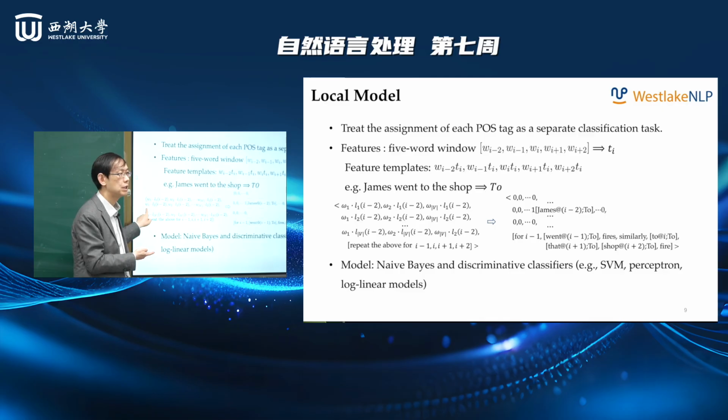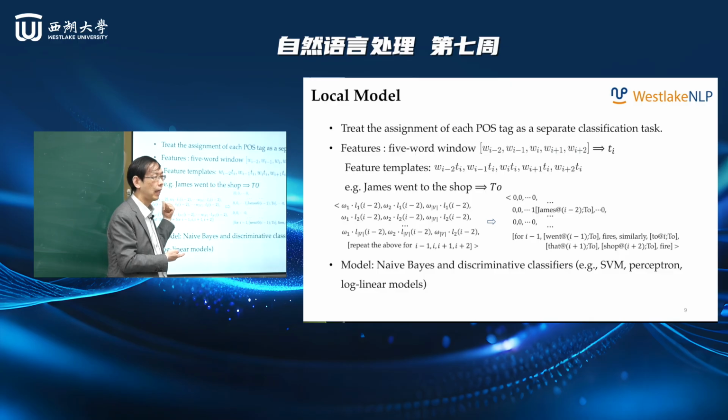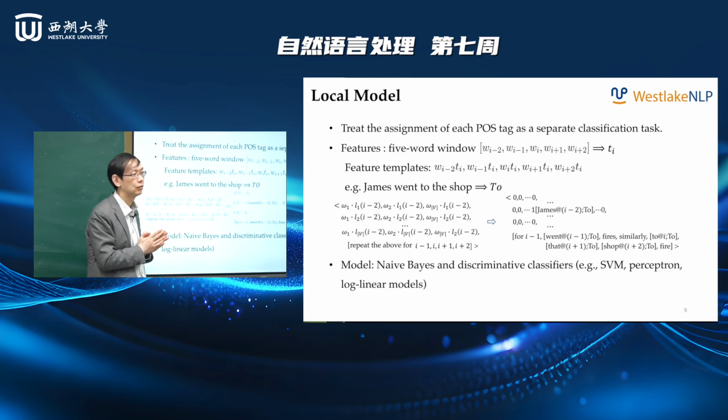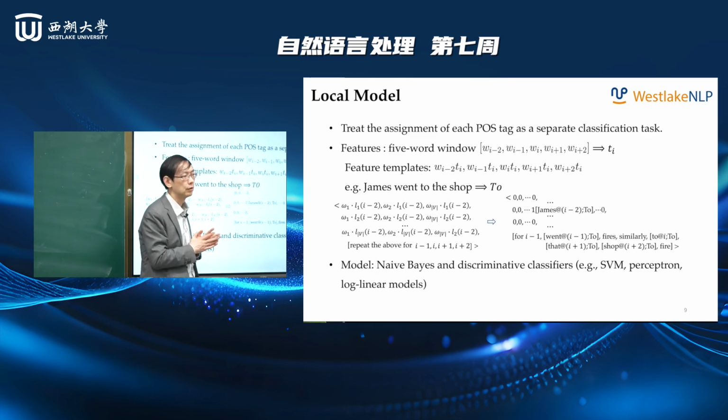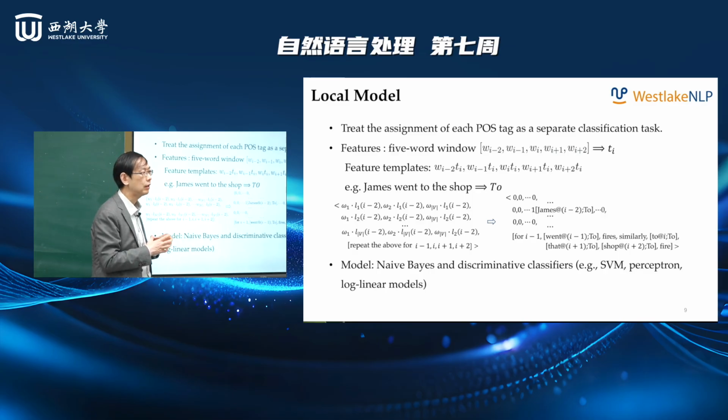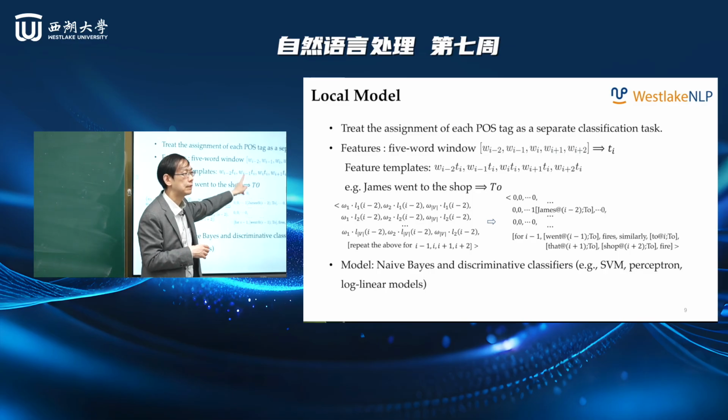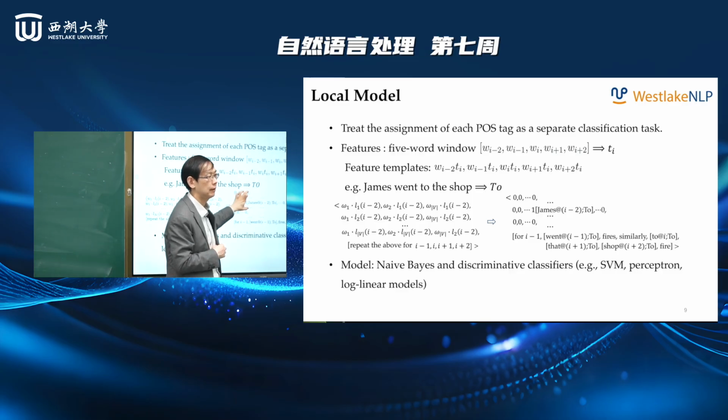Which is w_{i-2} is James, and t_i is TO, when we have TO as the output. What if our output is not TO, it's NN, which means a noun? Then only the row that corresponds to NN and the column that corresponds to James will be non-zero, will be 1. The others will be all zeros. But this is the first block. We still have the second block, which corresponds to w_{i-1}.